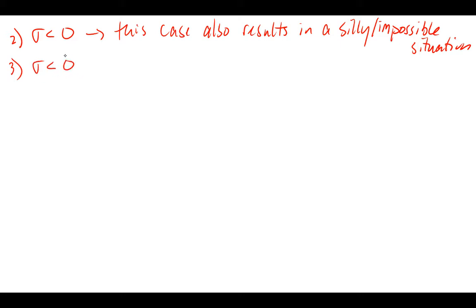But since I'm not into wasting your time or mine, this case is going to yield a fruitful solution. So this case is going to be just fine. So let's run this one through. So if sigma turns out to be a positive number, then once again, I'll just repeat, the ODE is right here. G double prime plus sigma G equals 0. Right? That's our ODE.